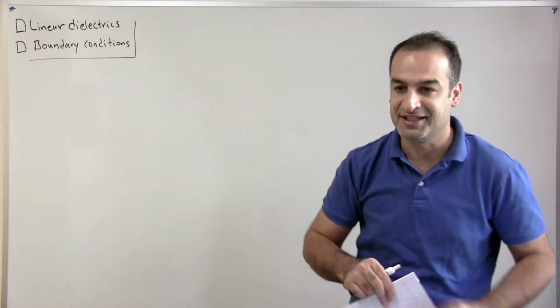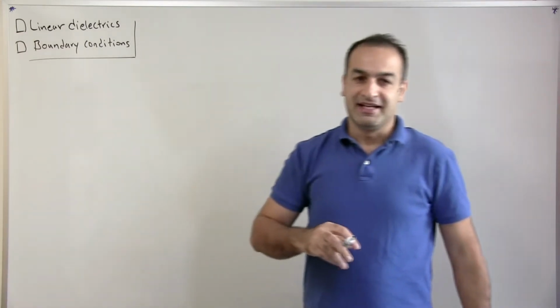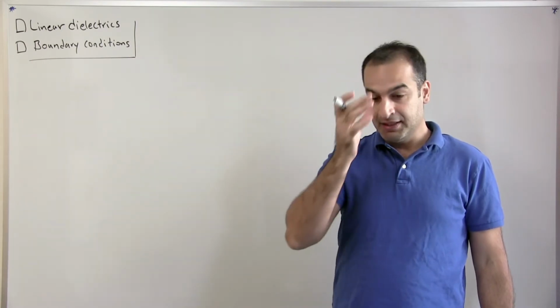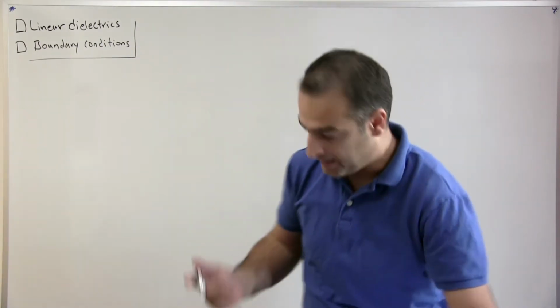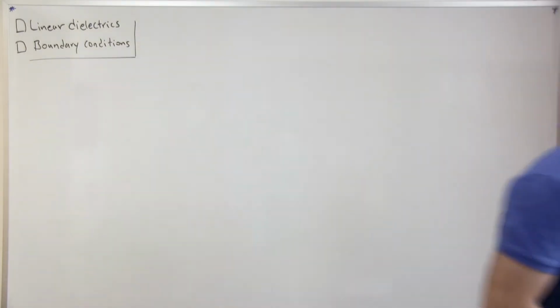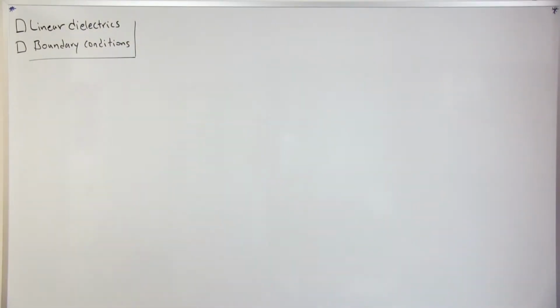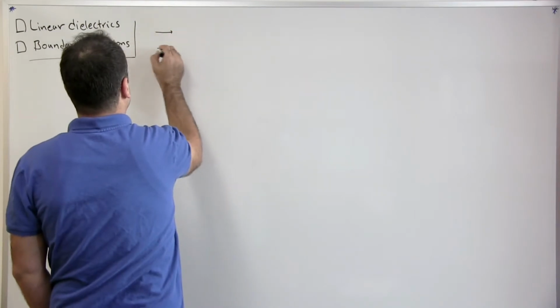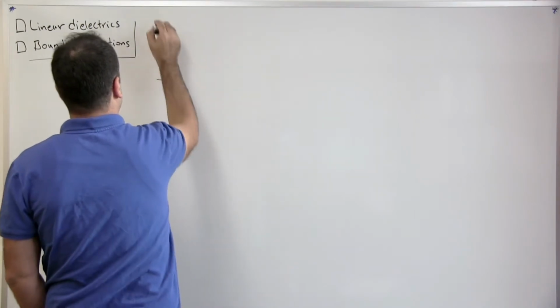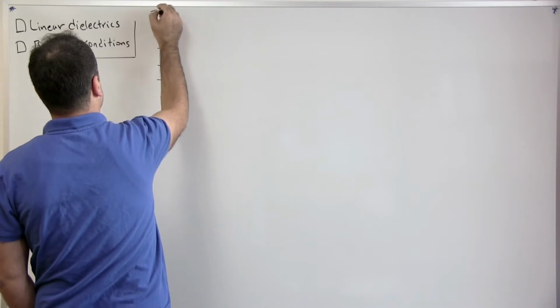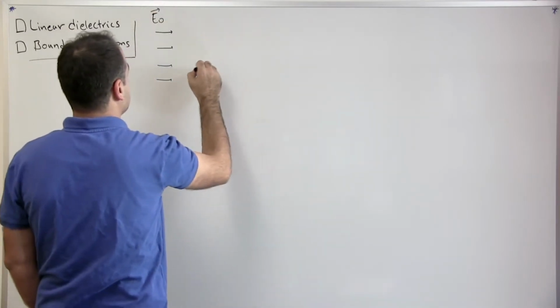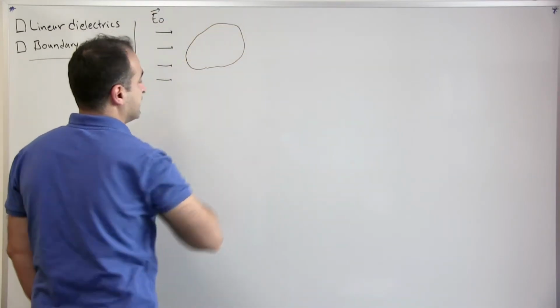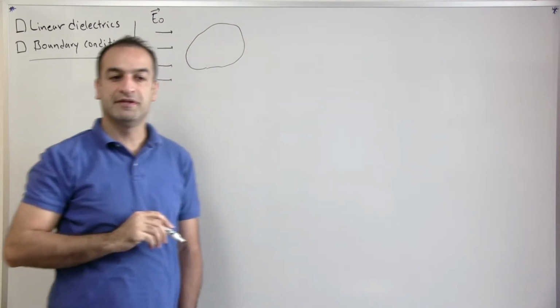But good, excellent. Yeah, so I'm continuing the same discussion. So again, I want to start by drawing the diagram here. Imagine you have the electric field E naught in space, and imagine you put one piece of dielectric material in this electric field.